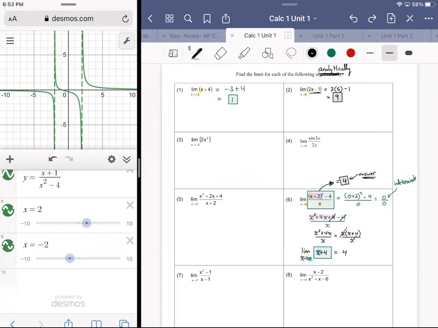So we start recognizing that the type of function is going to dictate what happens with the limit.